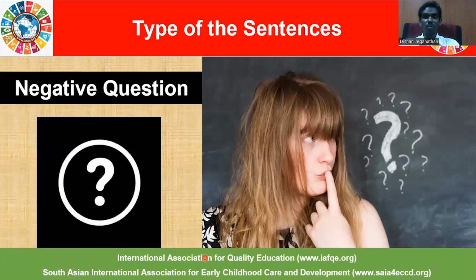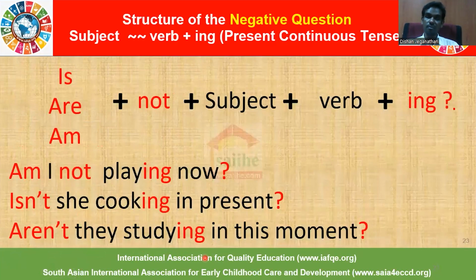Now we'll move to the next type, which is negative questions. The negative questions, similar to positive questions, begin with the question words is or are or am, but it's followed by not instead of the subject.